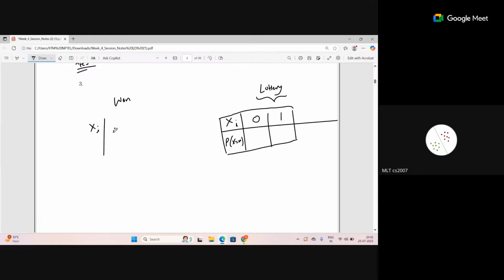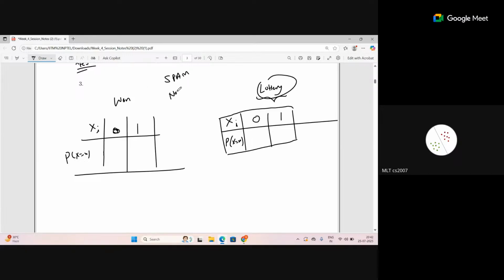It will also take only two values, and it will have some probability associated with it. So do you think that each of these words will have 0.5 as a probability, or it will differ? Again, the thing is that this word lottery can appear in a spam email as well as a non-spam email. Is that correct?